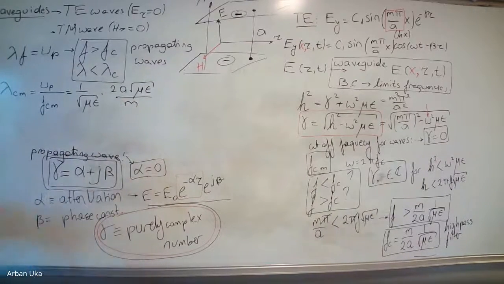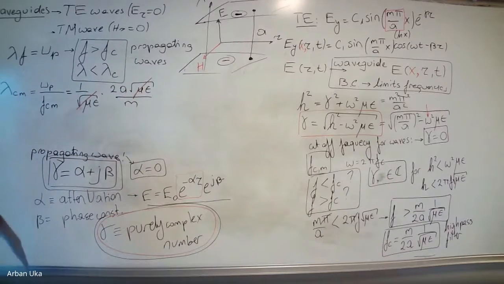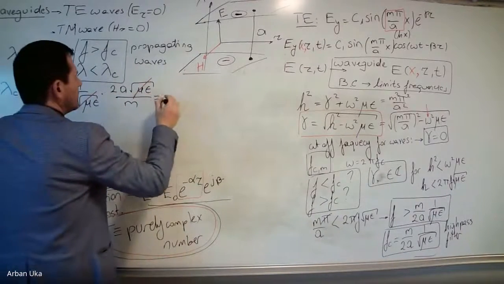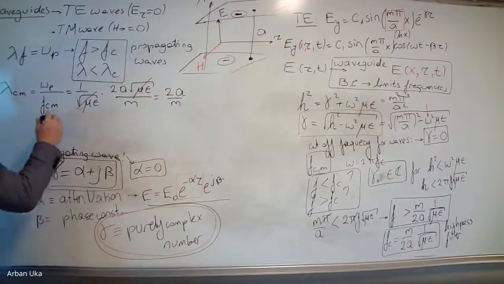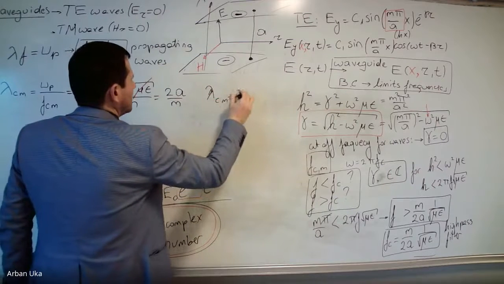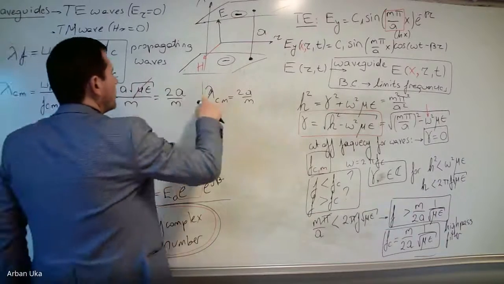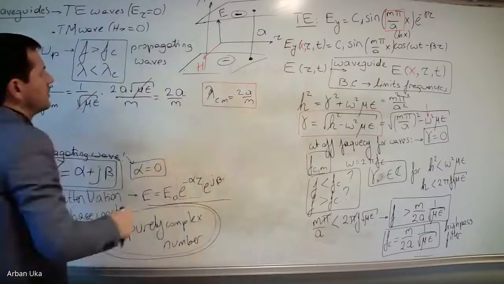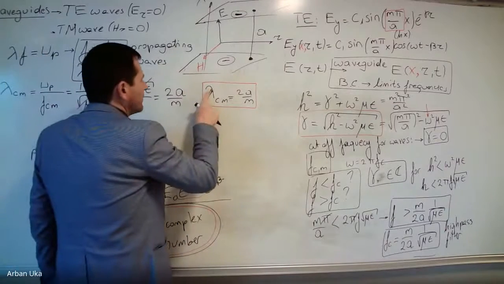Now, this is how the wavelength is going to be: lambda Cn is 2a over m, where m corresponds to the mode, and a is the distance between the two plates. And so this is the value for the cutoff wavelength.